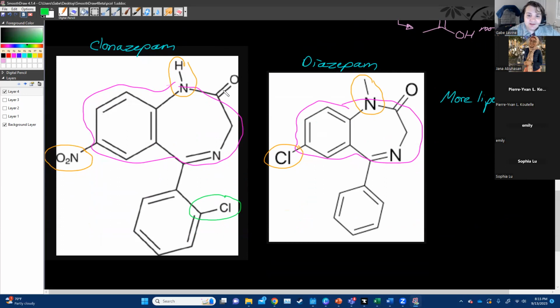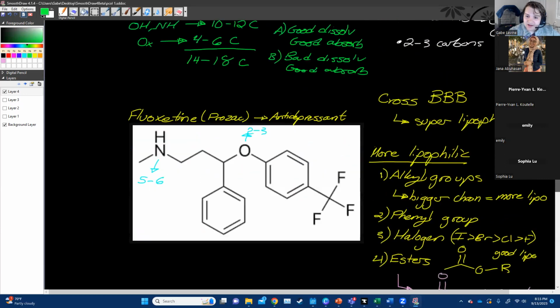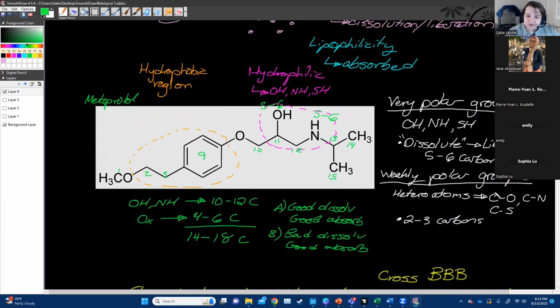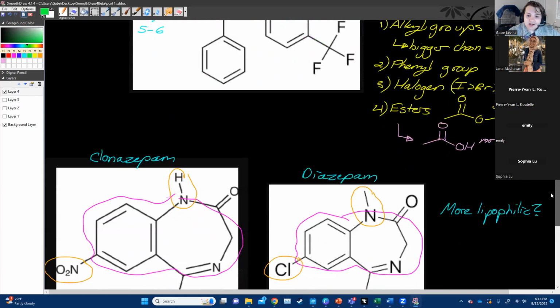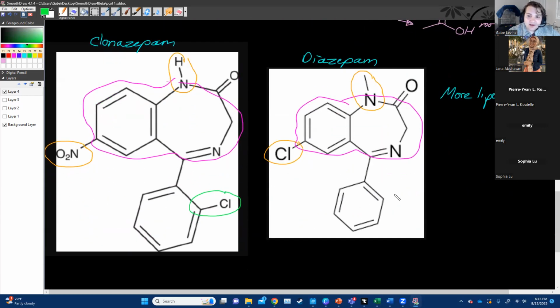So this drug has a much stronger polar group, and it has a nitrogen, right? Which we know is also weakly polar. Compare that with diazepam, where do we have an NH bond? No, this is a methyl group.